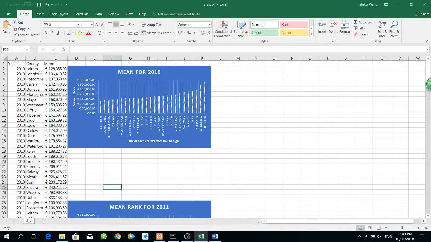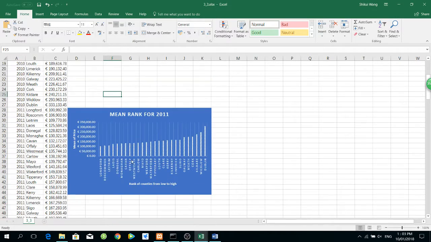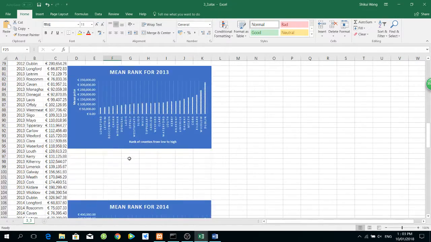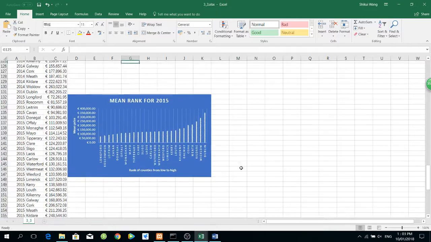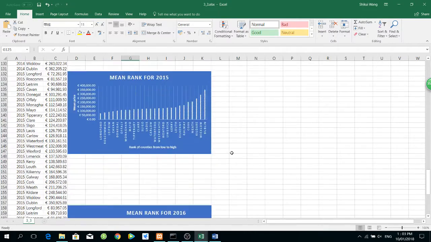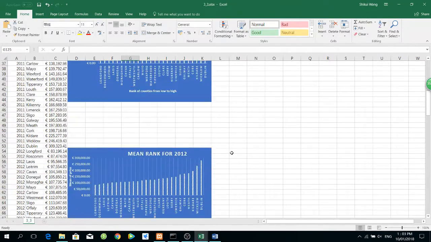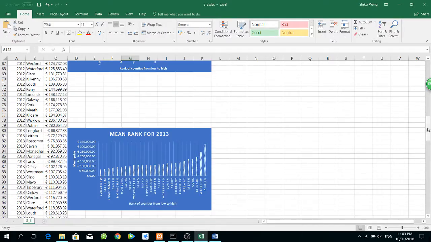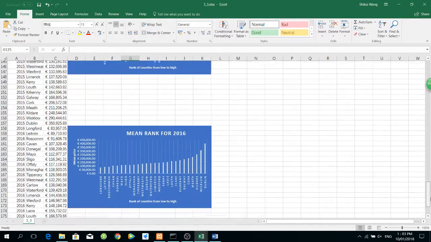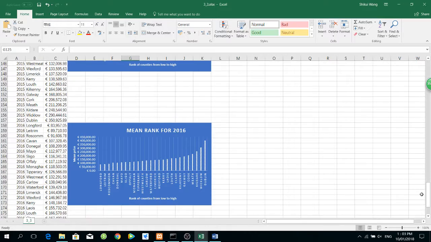You can just order by the year, and get the average of each year for each county, and just the layout. This is the 6 from 2010 to 2016. So that's the graph, that's the result.